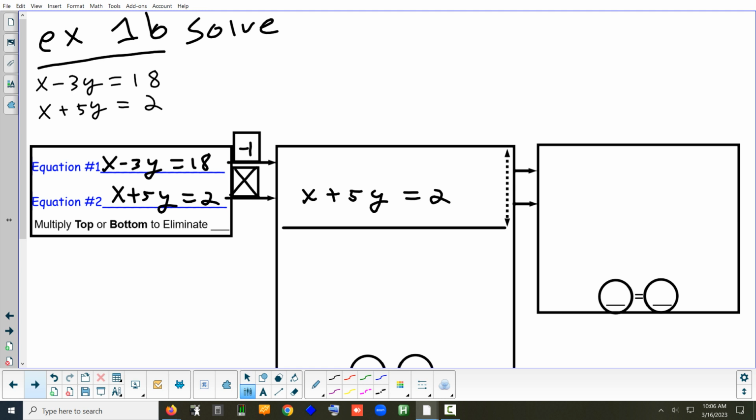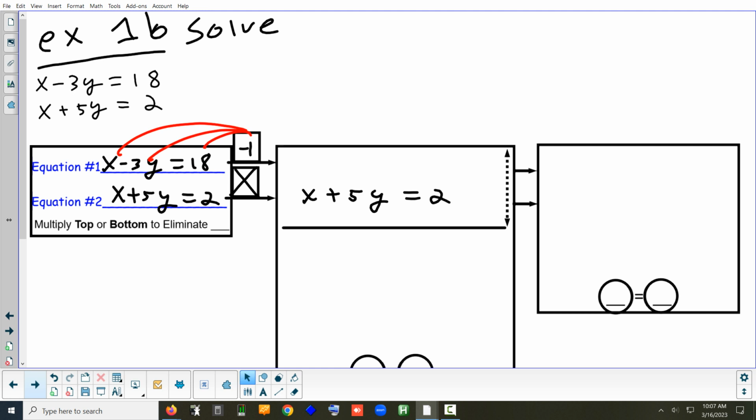And what am I multiplying everything in the top equation by? Yeah. -1. Good. -1. So, Annika, can you tell me what I'll get when I multiply every number in the top equation by -1? Yep.